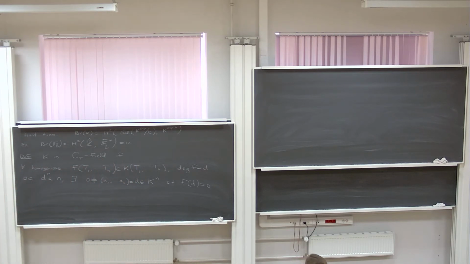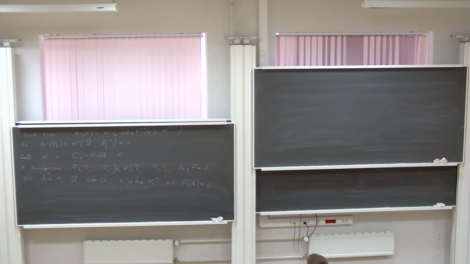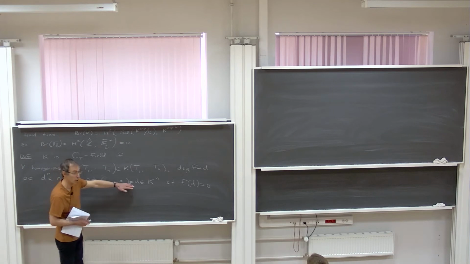Okay? So, for example, we will be interested in the case when r is 1. And so this K is a C1 field if every homogeneous polynomial whose degree is less than the number of variables has a non-trivial zero.